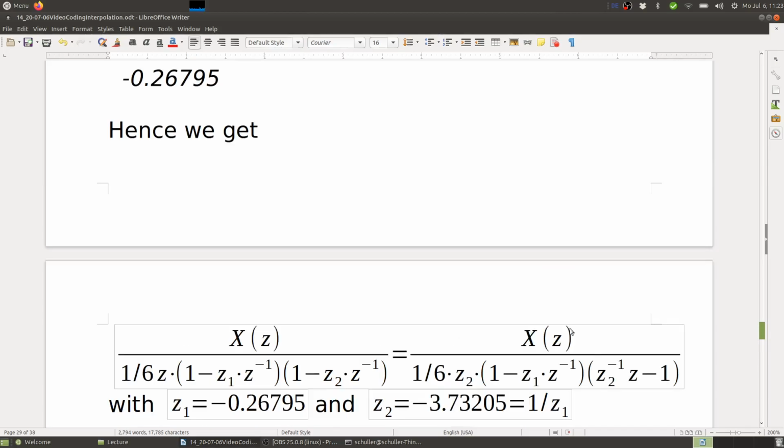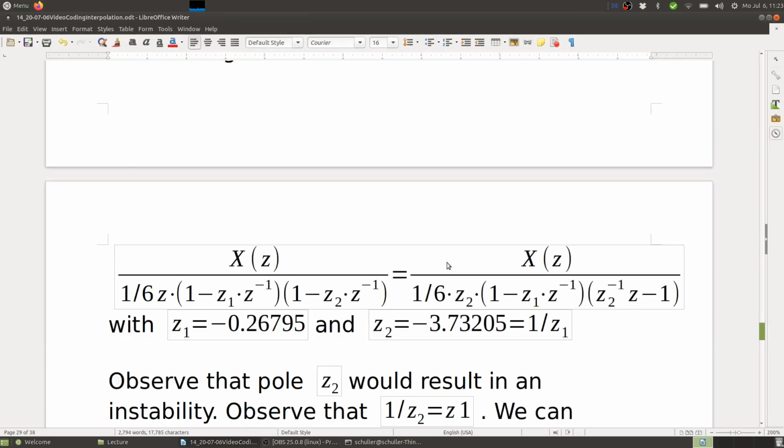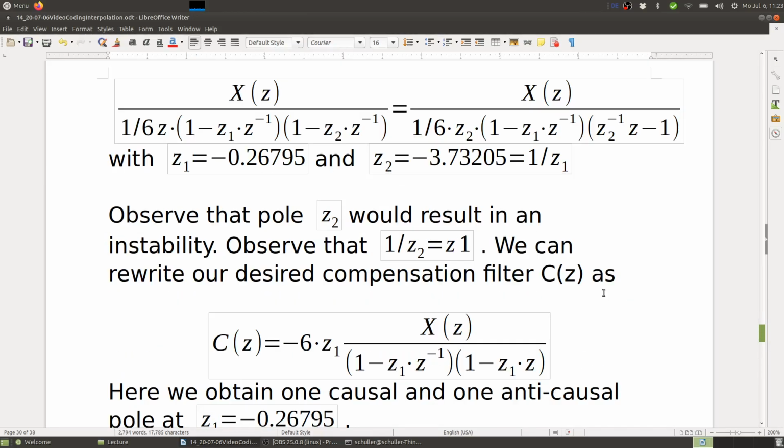So they have this simple relationship here. So we can simply rewrite it in this way. So here we now have a denominator which consists of a product of two polynomials of first order. Right. So that's easy enough.